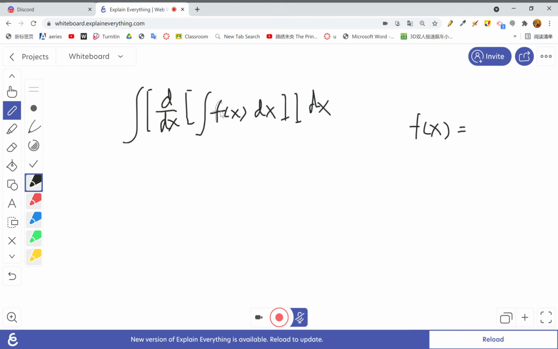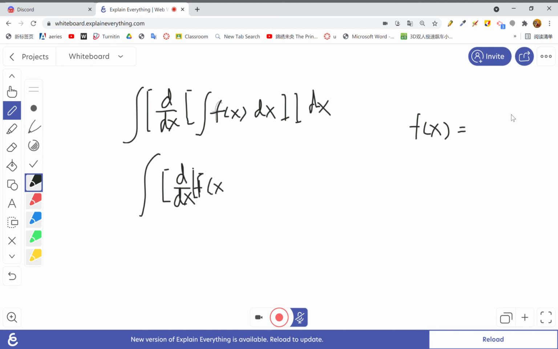So basically this becomes the original function. If you take the antiderivative of the derivative of the original function, you get the original function.